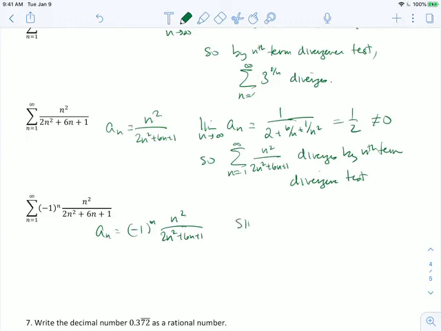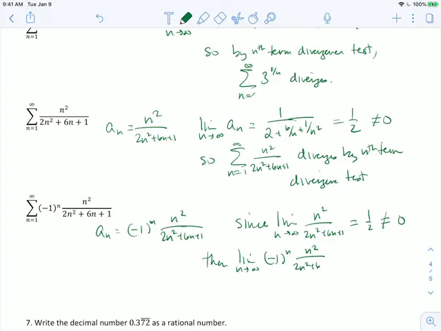So since the limit of the absolute value is not equal to 0, the limit as n goes to infinity of minus 1 to the n times n squared over 2n squared plus 6n plus 1 does not exist.